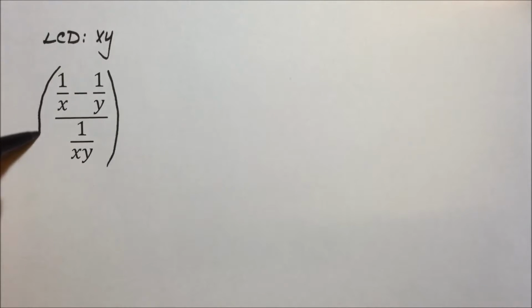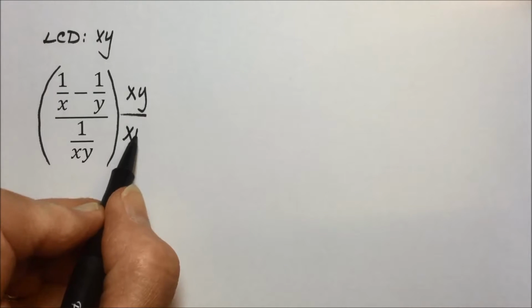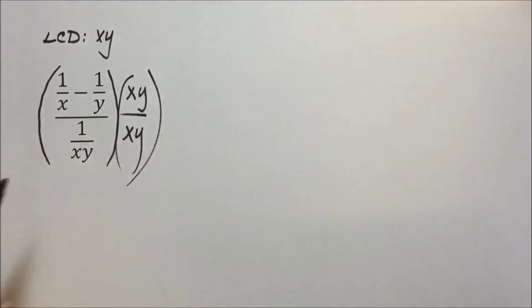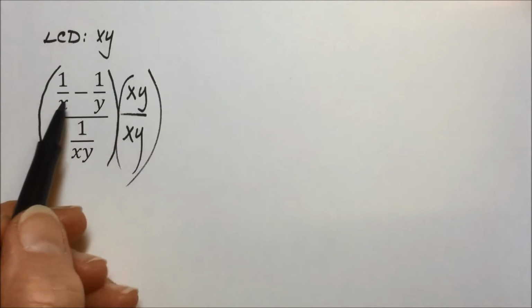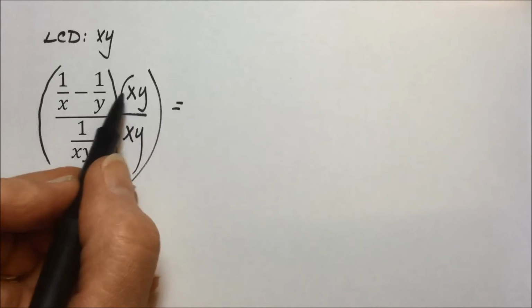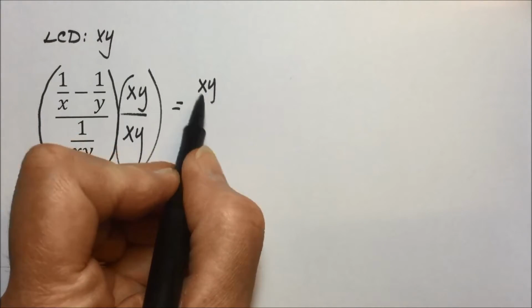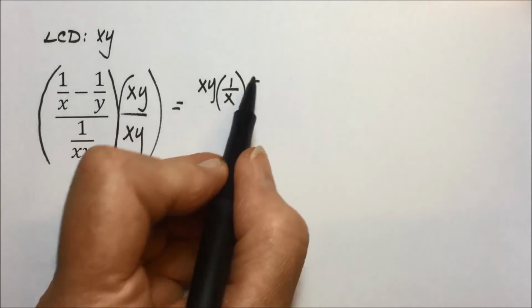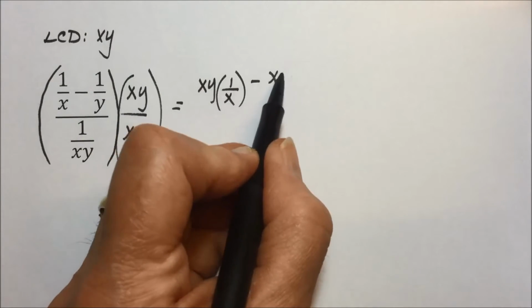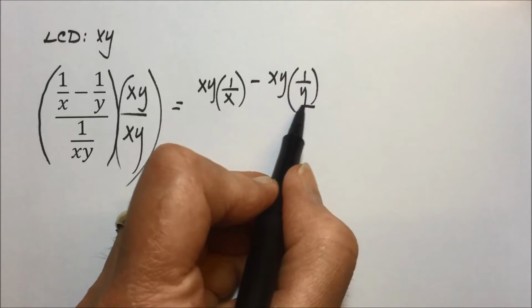We will multiply the numerator by that quantity and the denominator, and xy over xy is equal to 1, so we're not changing any value, we're maintaining this. Distributively in the numerator, we will have xy times the first fraction of 1 over x minus xy times the second fraction of 1 over y.